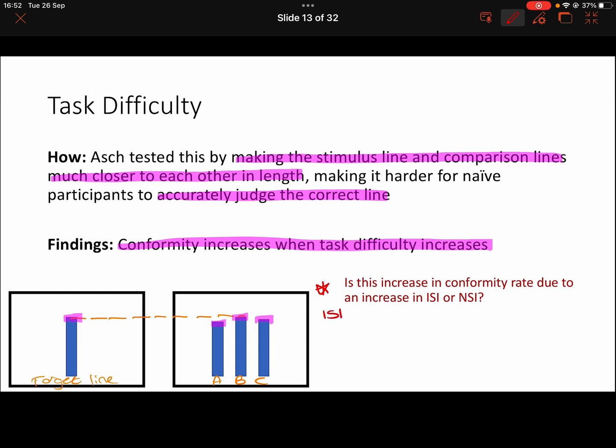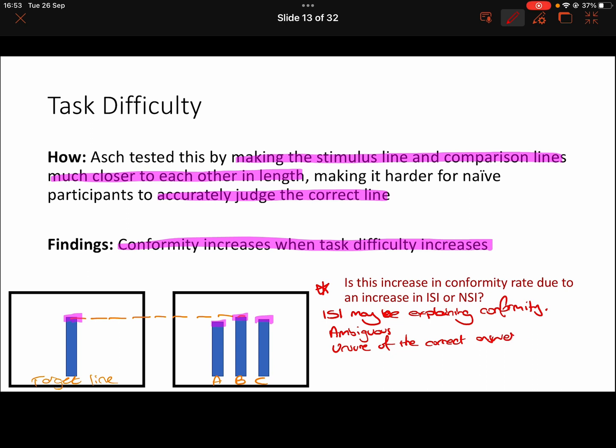Hopefully, what you identified is that ISI may be explaining conformity here. Now, what we see is that this is a more ambiguous task. It's actually less clear what is the right answer or not. And so we are unsure of the correct answer, and we look to the group for guidance.